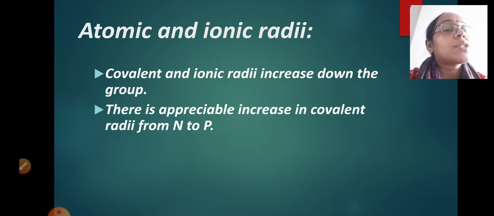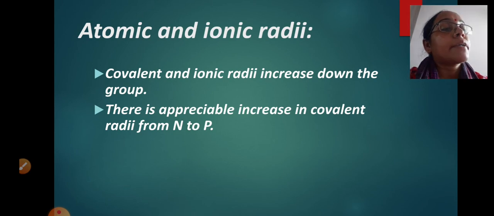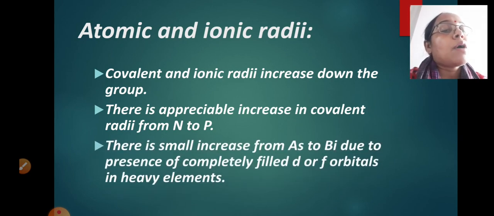Then you can see one more point I have written here. There is appreciable increase in covalent radii from nitrogen to phosphorus. That means a large increase in covalent radii takes place from nitrogen to phosphorus. Then there is a small increase from arsenic to bismuth.